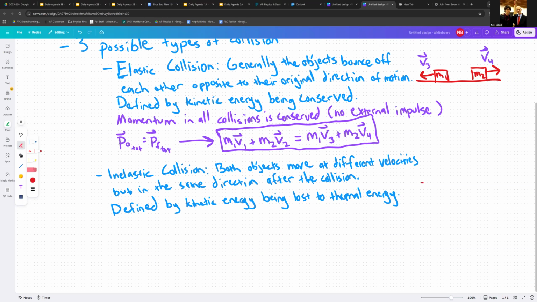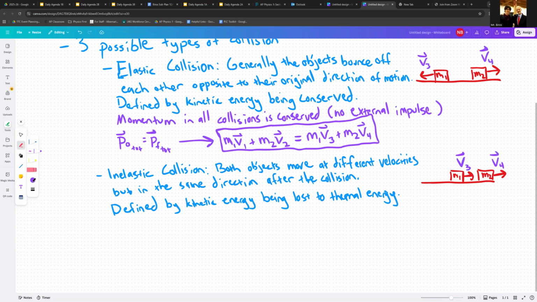Either one of those things could result in, if M1 has overwhelmingly more mass or more velocity, basically if M1 has just a really big momentum, then what can happen is M1 and M2 both end up going in the same direction after they collide. So M1 has a velocity, M2 has a velocity, both to the right, and that would be the post-collision velocities V3 and V4. So there's V3 and V4 if it's an inelastic collision.